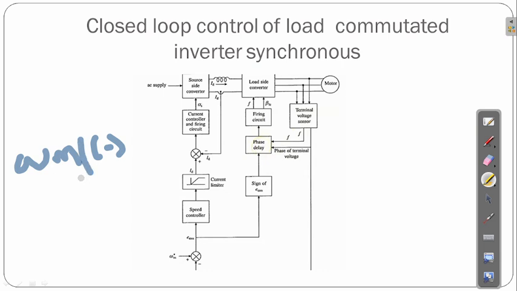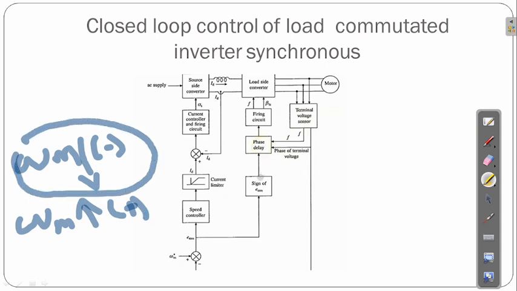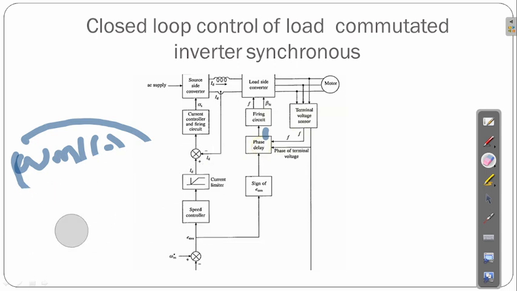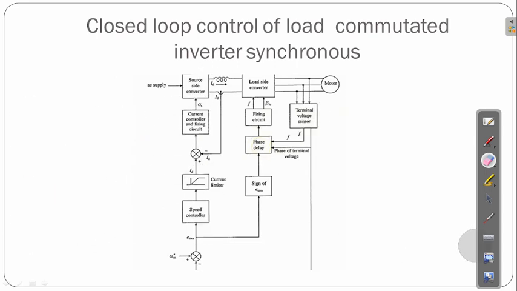Because omega m is decreasing, the speed error is negative, and we have a negative sign. This sign moves up to the phase delay and then on to the firing circuit. Here this beta LC will operate according to the particular sign of the speed error.